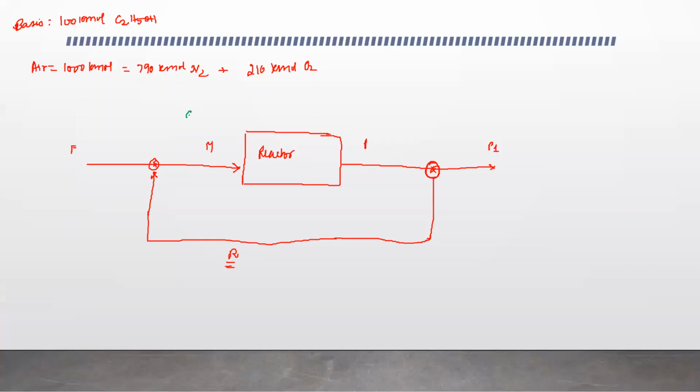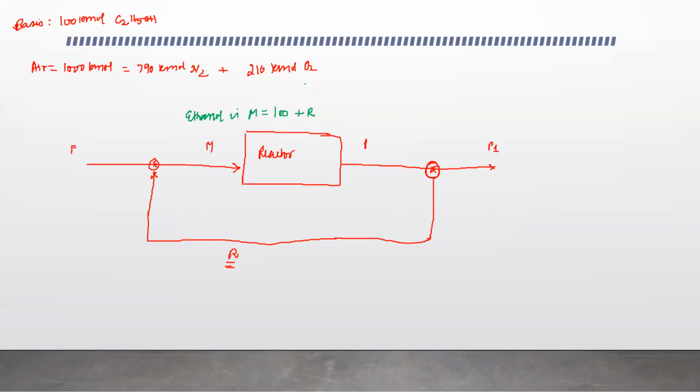Ethanol in the mixed feed is ethanol from the fresh feed, that is 100, plus ethanol that is recycled, which is R. So 100 plus R is equal to the ethanol in the mixed feed.